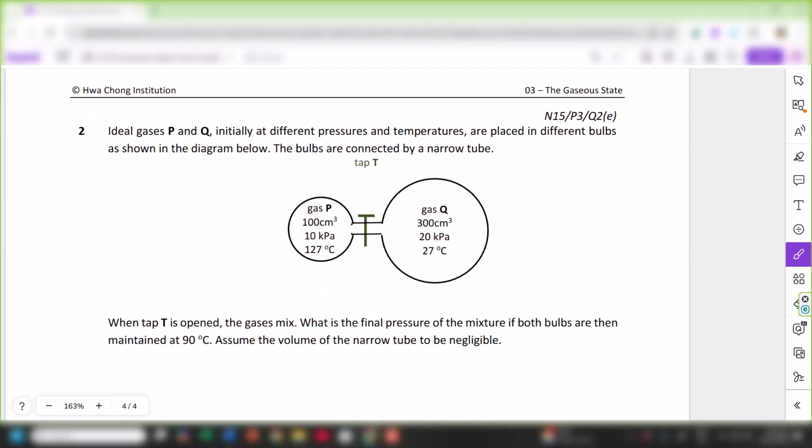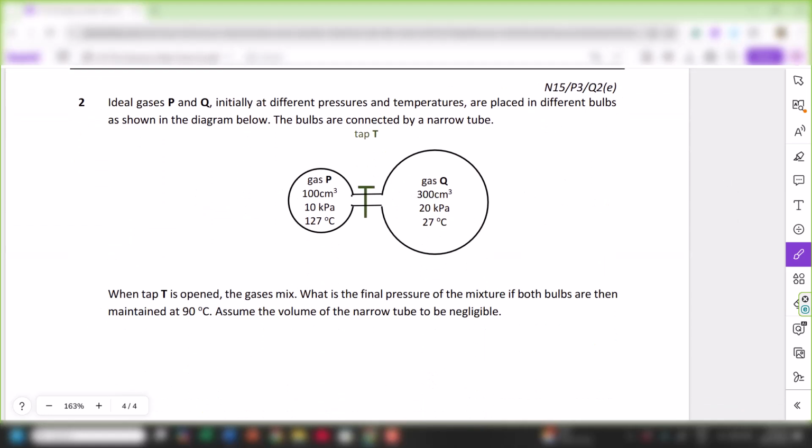Question 2 is a modified question from RI. It was an MCQ, but it was modified to make it look complicated, but it's not that complicated. You are given different volumes, pressure, temperature, and the question asks: I have P and Q maintained at different pressure, different temperature.